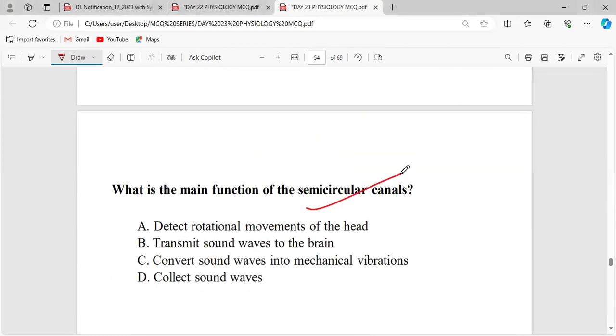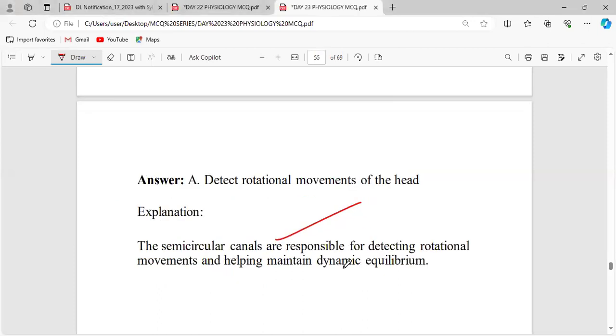And what is the main function of the semicircular canals? They detect the rotational movement of the head. Okay, good.